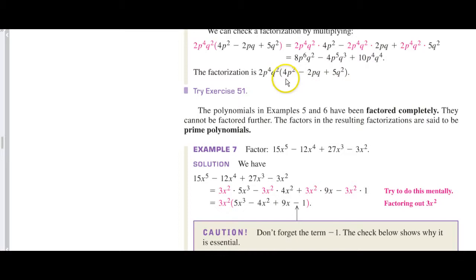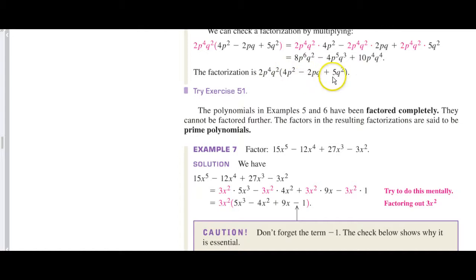Now, suppose this is what you had originally, just what's in the parenthesis. You can't take out any more common factors. We say this is a prime polynomial. So originally it was what we had. Then we took this out and we had this.